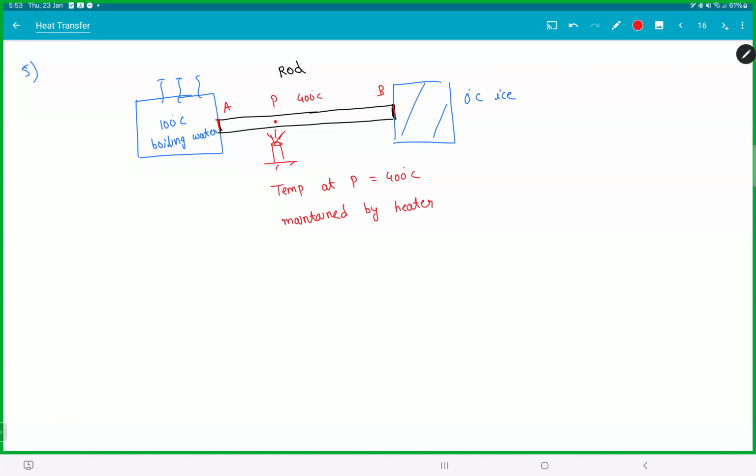Now, tell me how will the heat flow between A, P, B? Who has the highest temperature? P, right? So heat will flow from P to B and heat will flow from P to A. The heat will flow in both directions.